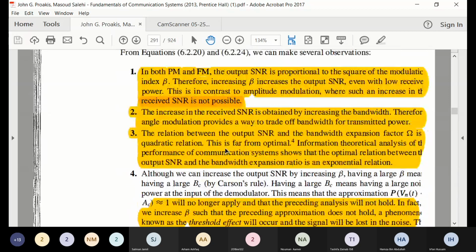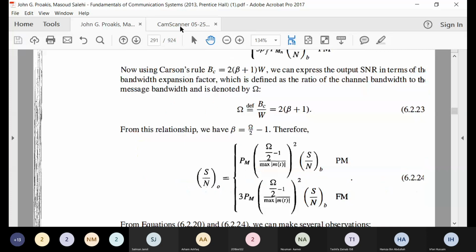Now, what is the third point? The relationship between the output SNR and the bandwidth expansion factor is a quadratic relation. So we could very well see that this has a quadratic or square power.